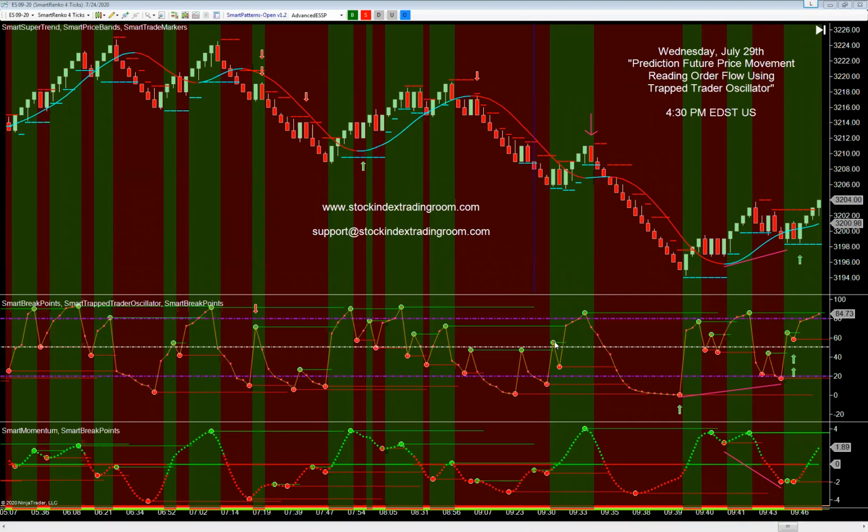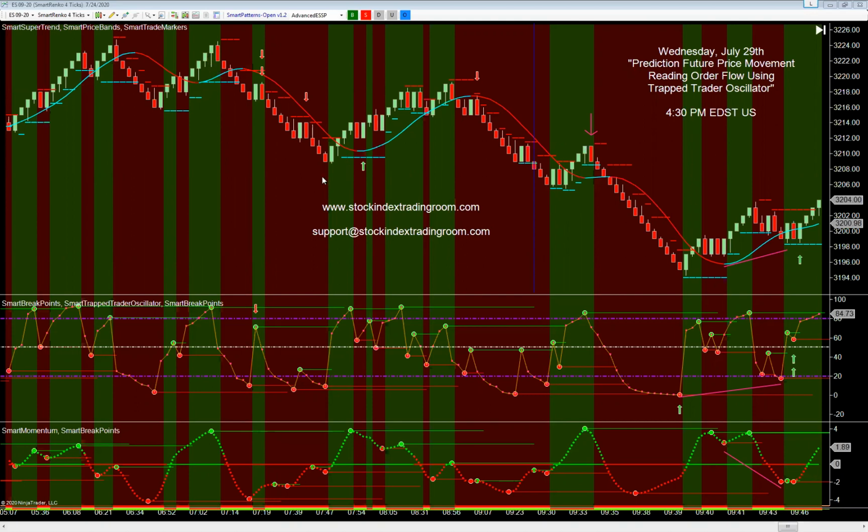And this would be what we would call a lead out, to where when Trap Trader Oscillator penetrates a green horizontal line, price most likely goes up. When it penetrates a red line here, price most likely goes down.